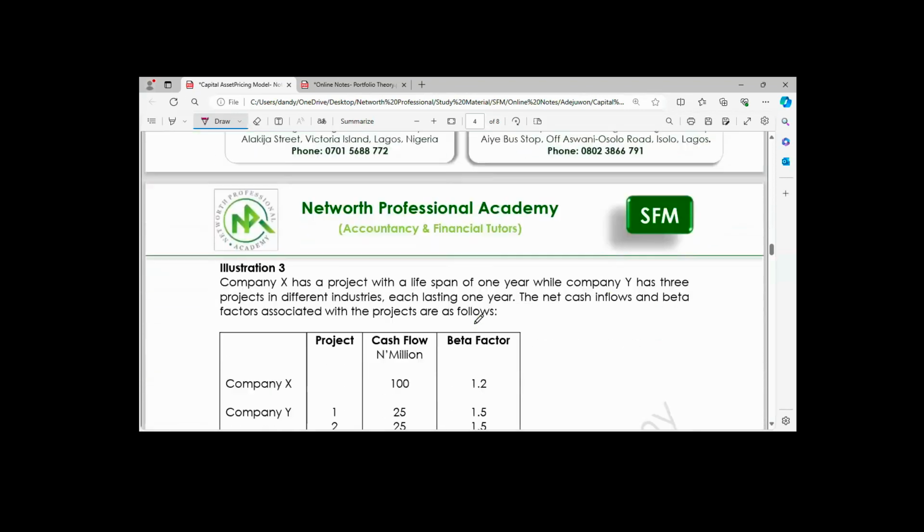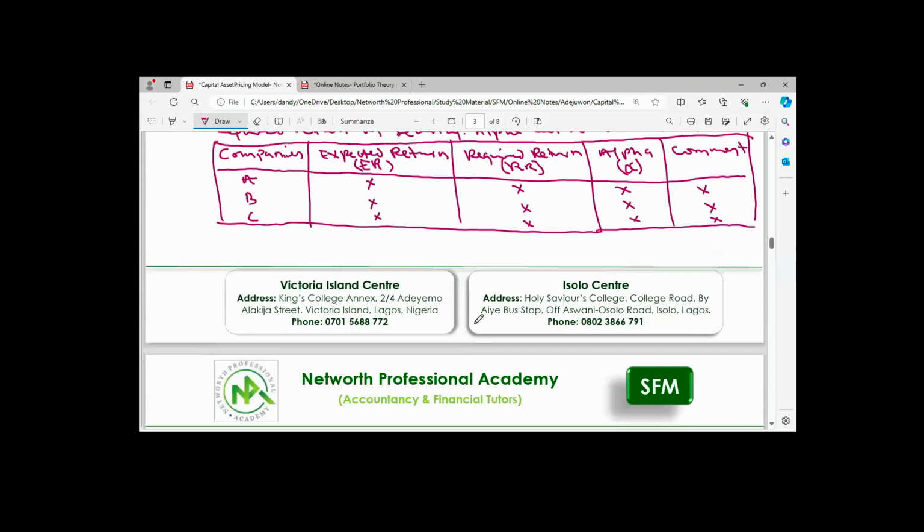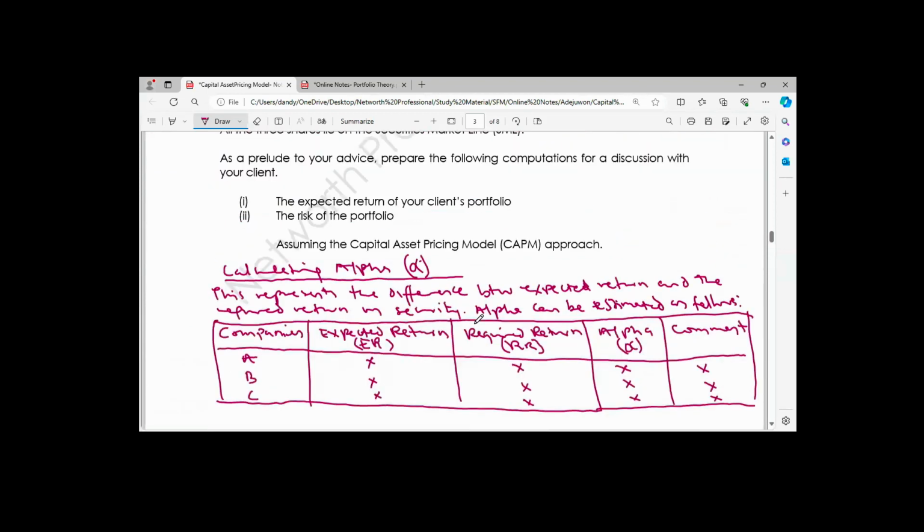Then you need to interpret your alpha. I don't have space. Let me manage it. You need to interpret whatever you have calculated as alpha.